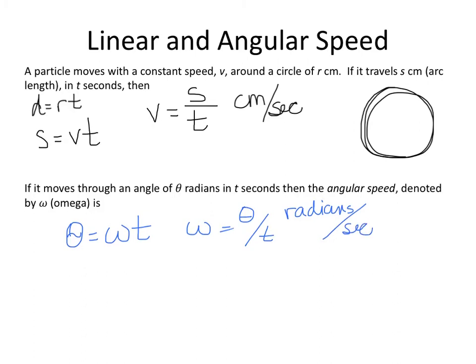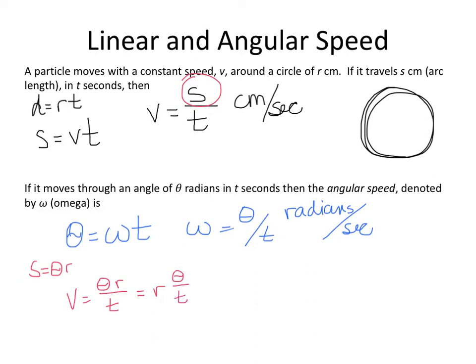Now remember our arc length formula. S is equal to theta r. Well, I can replace S in this equation with that, and I would get that the velocity is theta r over t. We tend to write it r theta over t.